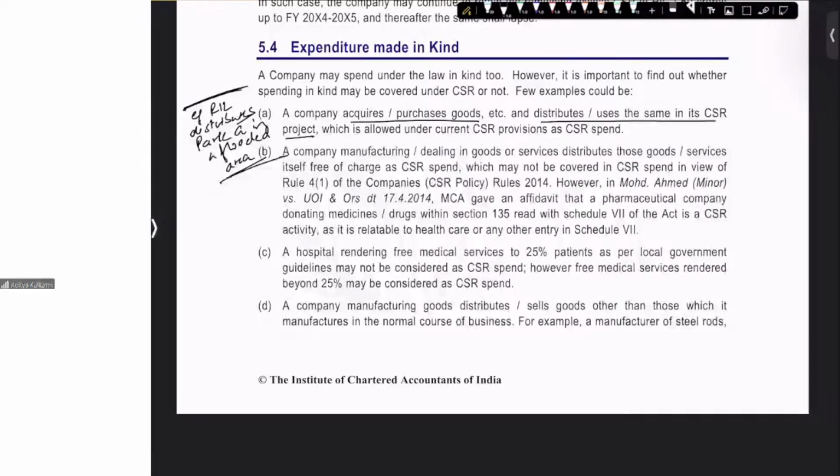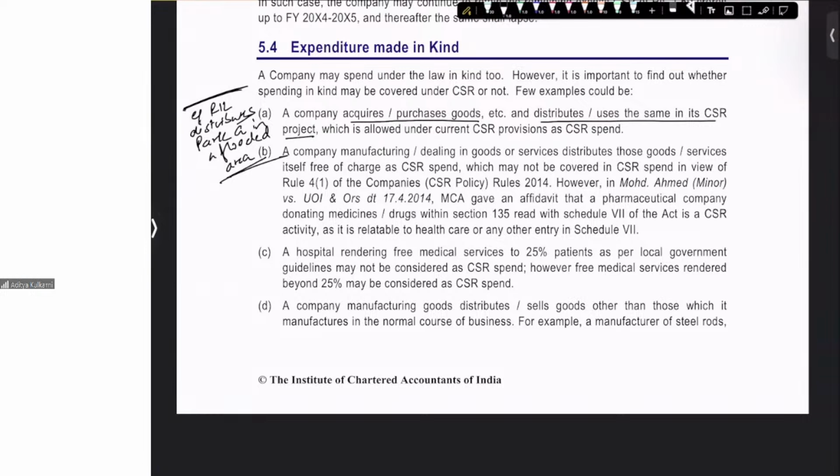People are homeless, and Reliance Industries decides to distribute Parle-G to these people. A glucose biscuit. So will it be a CSR spend? Answer is yes, because Parle-G is not manufactured by Reliance Industries. So it won't amount to promotion of a brand.